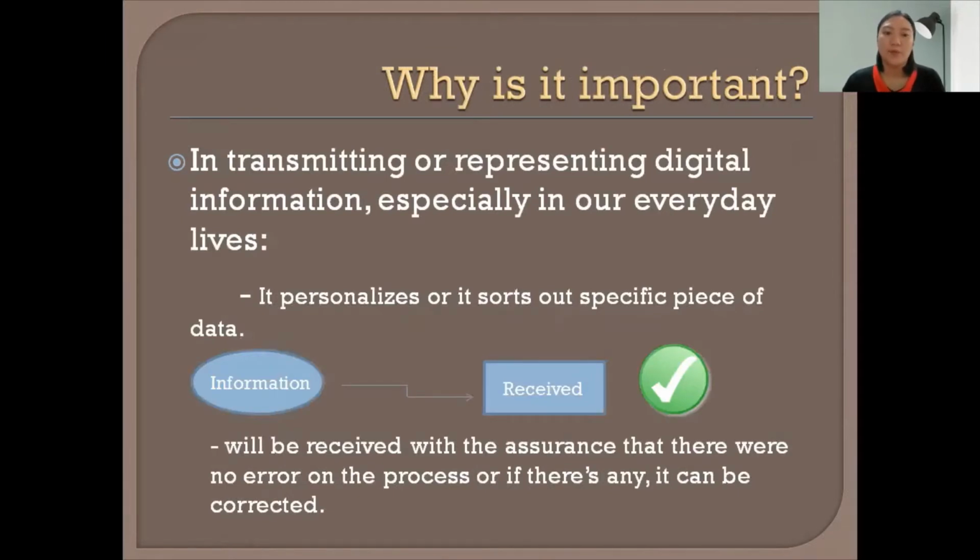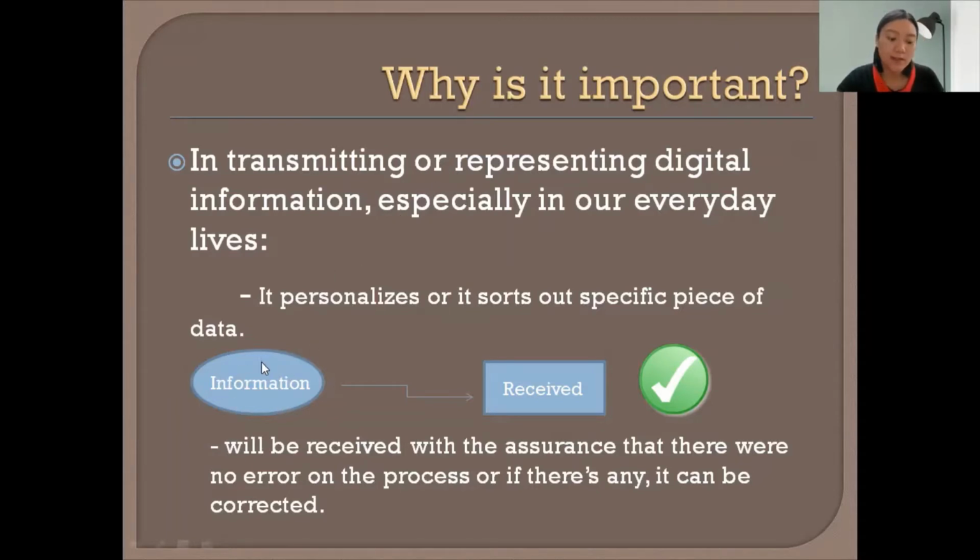Why is it important? In transmitting or representing digital information, especially in our daily lives. In our current situation, in this year 2021, we are living in a digitally connected world where almost everything is metadata. Metadata plays a huge role in transmitting digital information because it analyzes or sorts out a specific piece of data.